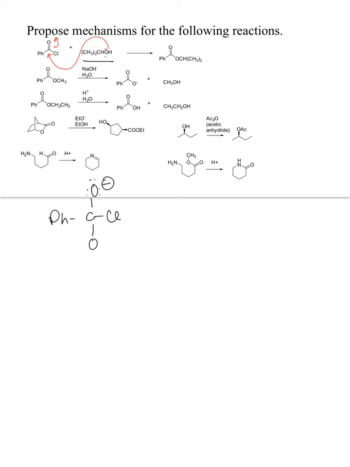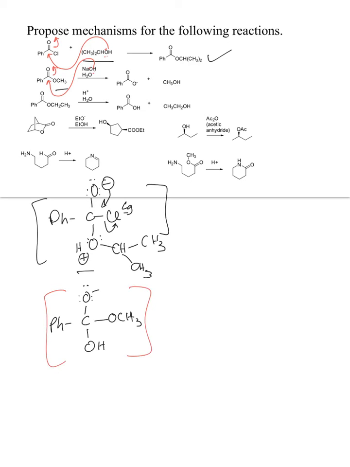And then CH3, CH3. And then this is going to come down. And this is going to leave. This is your leaving group. And then you get your product with a deprotonation step.